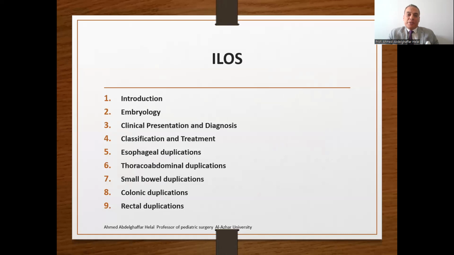At the end of this presentation, you should be able to know the embryology of the gastrointestinal tract, the clinical presentation and the diagnosis of the gastrointestinal tract duplication, the treatment, and also the classification of the disease as regarding the anatomical region: esophageal, thoracoabdominal, small bowel, and colonic rectal duplication.